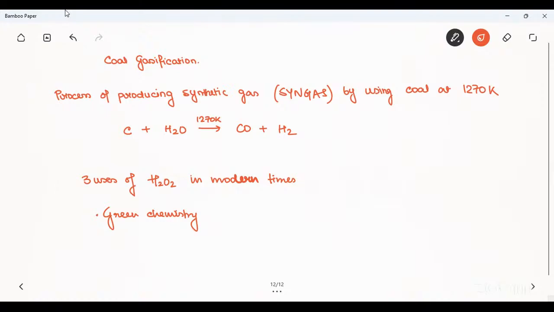Next, it is used in the treatment of domestic and industrial effluents and also in the oxidation of cyanides. And H2O2 is also used in manufacturing of sodium perborate.